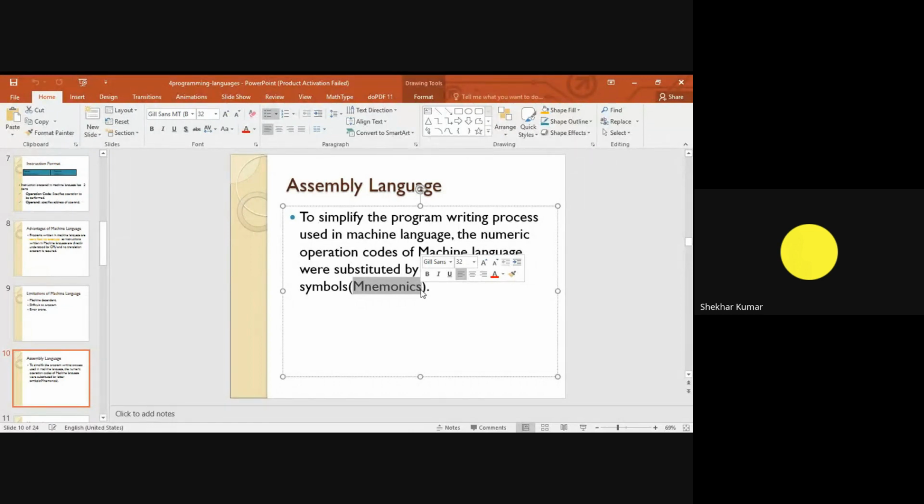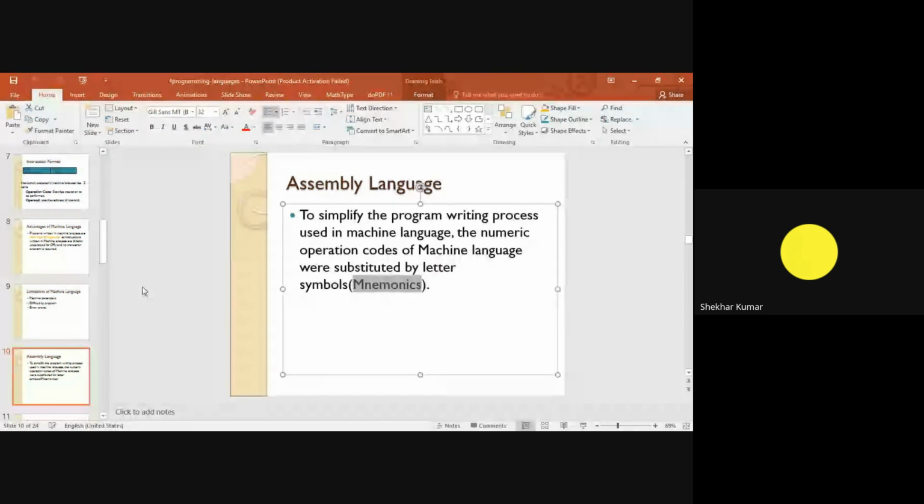The assembler is software, a set of programs, which translates assembly language programming instructions into machine language.